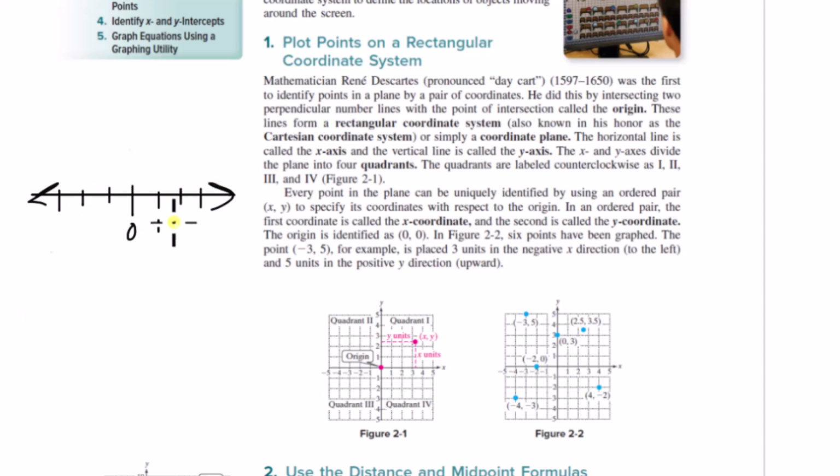This is like 1, 2, 3. Well, Descartes said, so I've got this horizontal number line here. Why don't I put another number line that's vertical and passes through the 0 of the horizontal number line? And I'll call that point of intersection the origin.